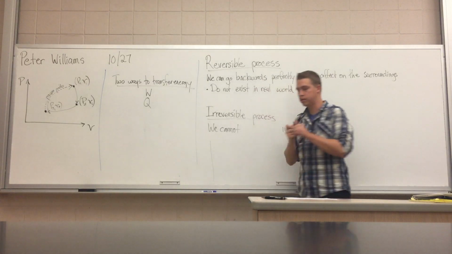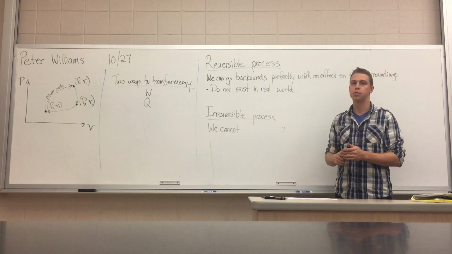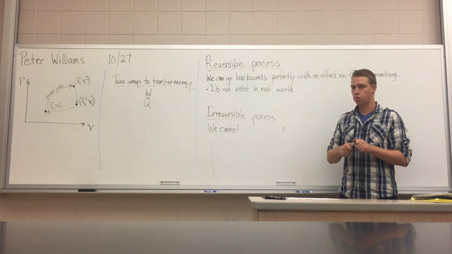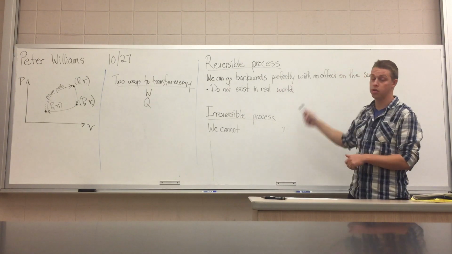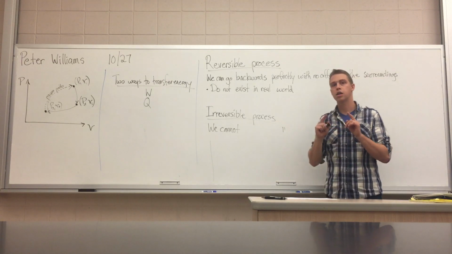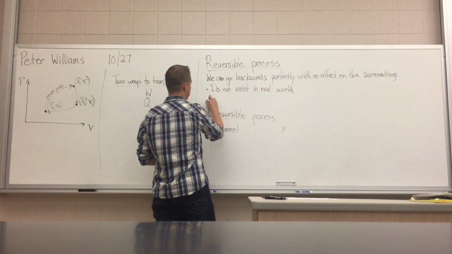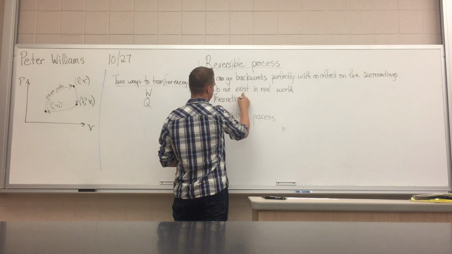So that's a big point to think about for a second, that we're going to talk about this whole concept, but it's not really a thing, all right? So in the real world, we can never go backwards perfectly with no effect on the surroundings. It's impossible. We can get close though, and that's where I hope this concept of supertask comes to mind as a theoretical limit.